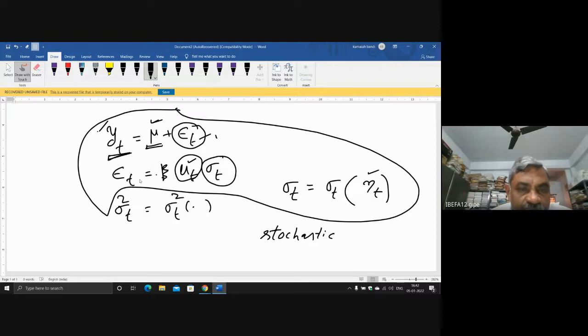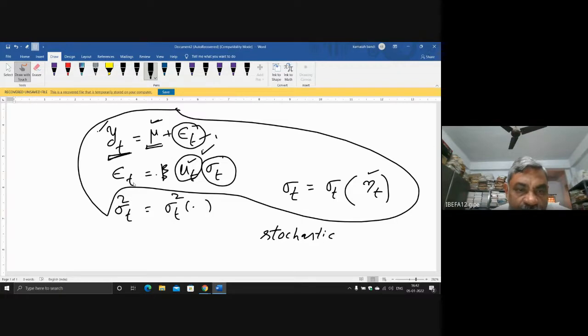But this innovation in Yt, which is a random phenomenon, has two components in a multiplicative way. One component is another random variable ut, which has mean 0 and variance unity, rather a standard normal variate. In addition, this is driven by a volatility process, and that volatility process is your sigma t, which is not stochastic.